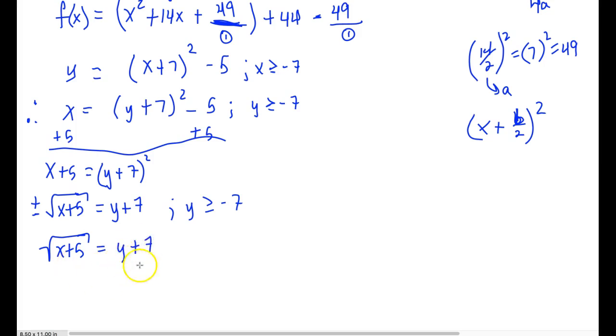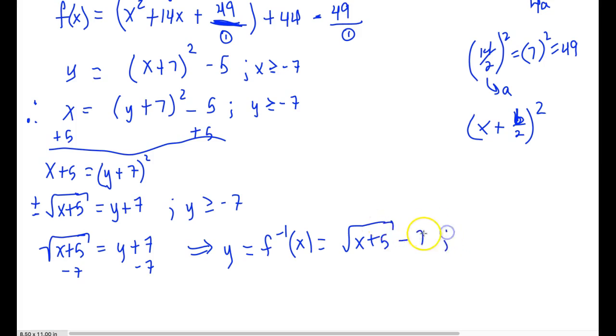And of course, now from here, we just solve for y by subtracting 7 from both sides. And here y, which ends up being our inverse function, is going to be square root of x plus 5 minus 7, with the understanding that y is greater than or equal to negative 7.